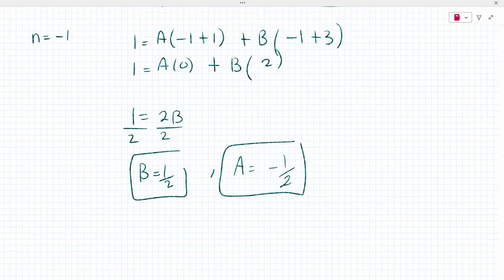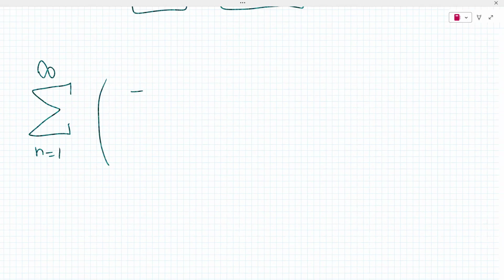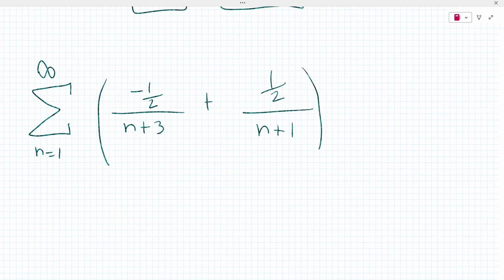Now what we're going to do is put it back into our partial fraction. So a is -1/2 over n plus 3 plus b, which is 1/2, over n plus 1. Then you have this minus here, so you can put that right in the middle.